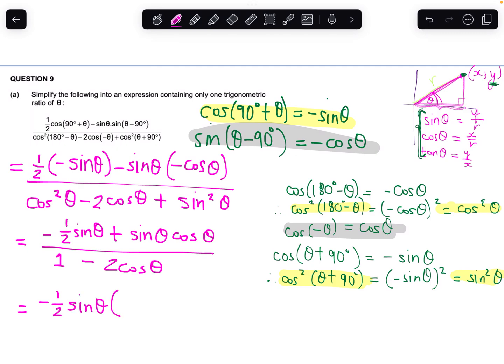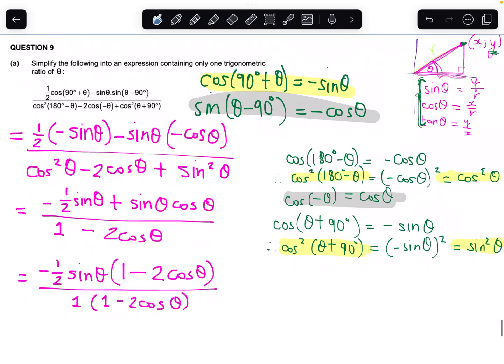So my first term will just be 1, and then my second term will have to be negative, and then I'll have to times with the 2 so that I end up with a coefficient of 1, and I'm also just left with cos theta as well. And then here at the bottom, I can just rewrite this as 1 times 1 minus 2 cos theta, just to emphasize that I'm turning the bottom into one term.